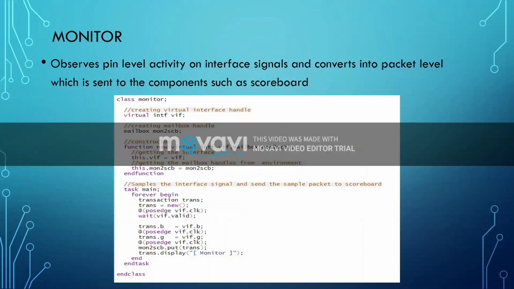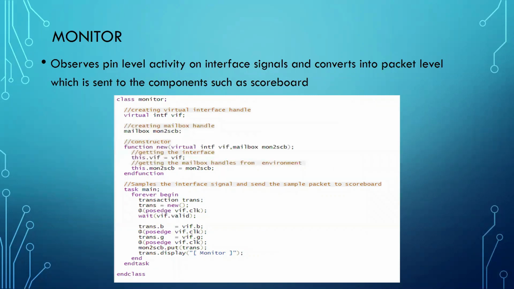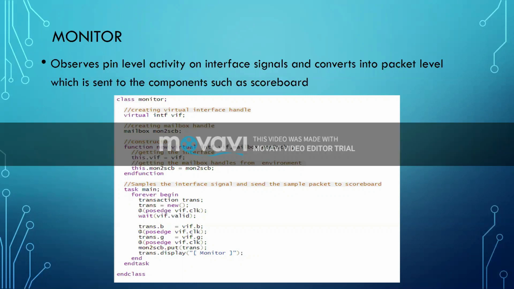In the monitor part, the main function of this module is that it observes the communication of the DUT with the test bench, and it observes the output of the design, and also it returns an error if the protocol rules are not met. It also observes the input of the DUT for functional coverage analysis. Here another mailbox is declared, which lies between the monitor and the scoreboard.